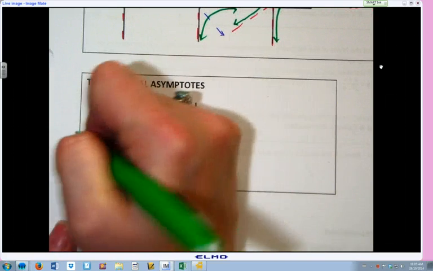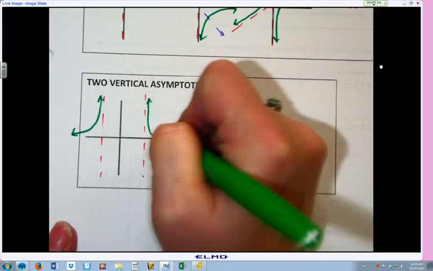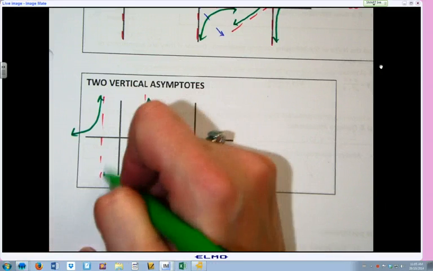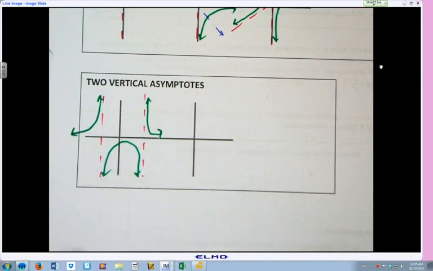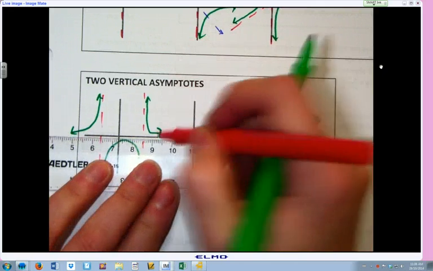And we end up getting volcano on the left, volcano on the right, and in the middle, anyone remember? Parabola. And they can be reversed. The parabola could be on the top and the two volcanoes could be on the bottom. Sorry, there is, yes, on the x-axis. Thank you.